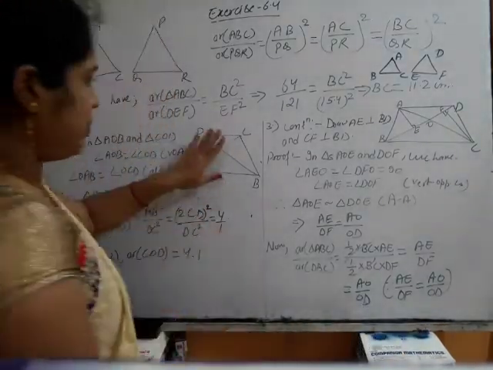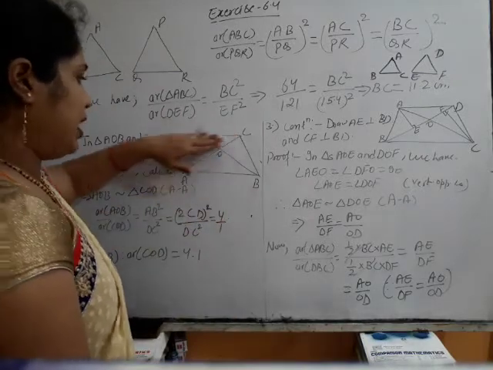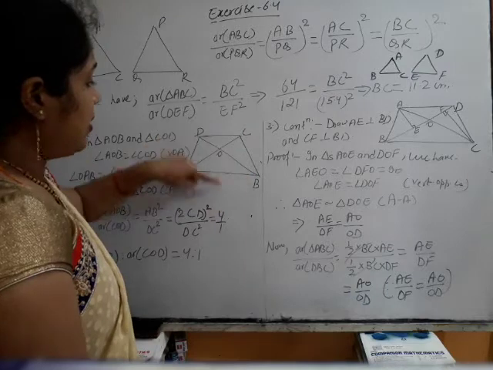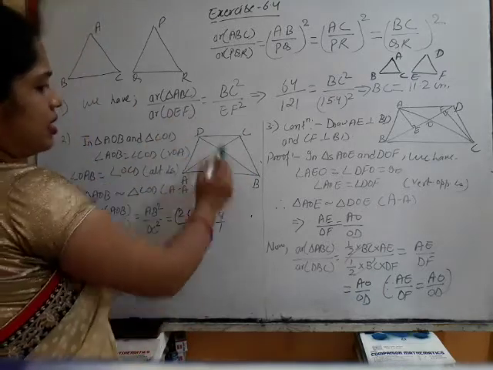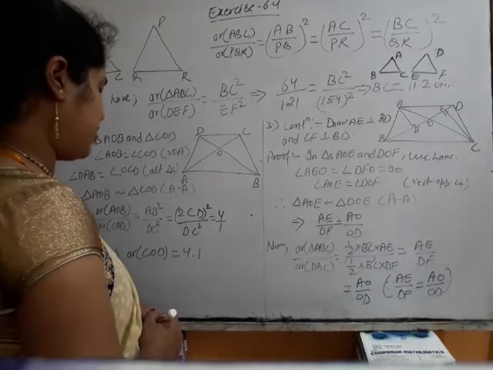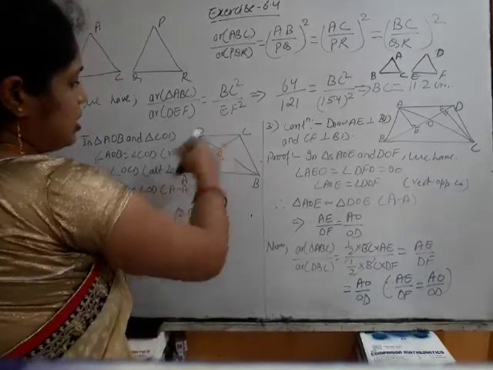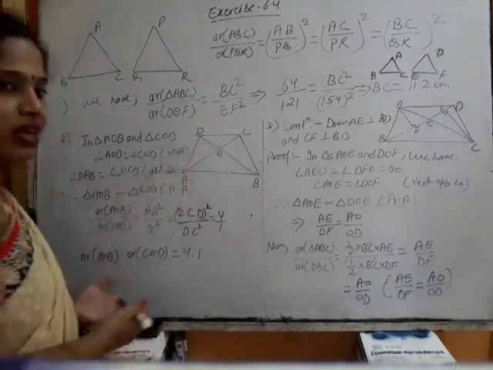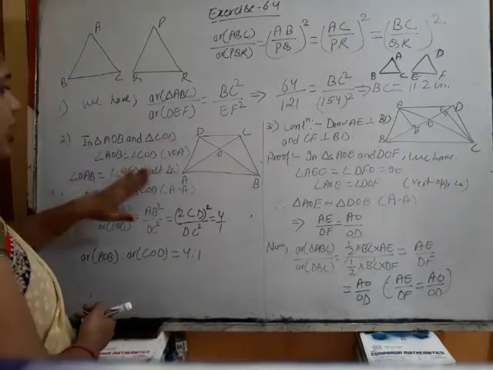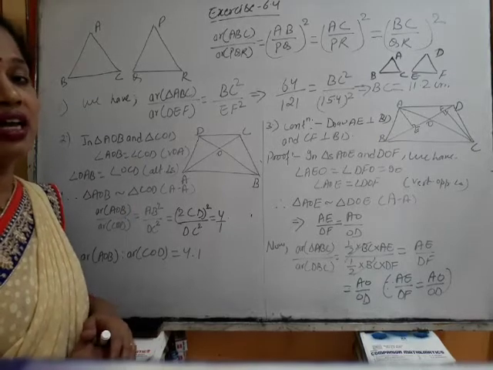You see here ABCD is a trapezium with AB parallel to DC, and AB is twice of CD. We need to consider triangles AOB and COD. Let us show that the triangles are similar.